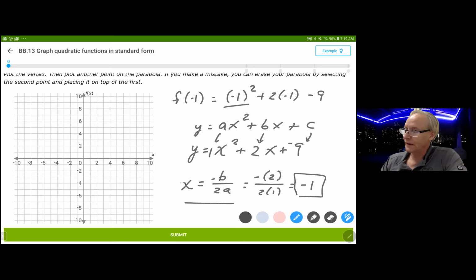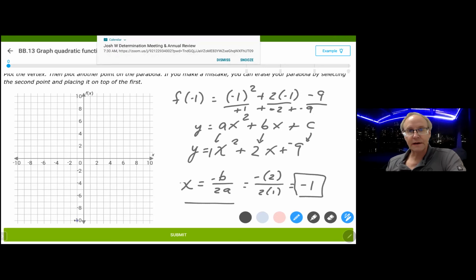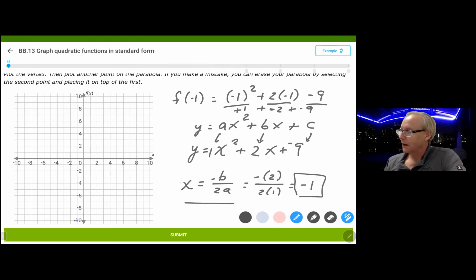This is positive 1 plus negative 2 plus negative 9, which happens to be negative 10. So negative 1, negative 10 is our vertex, and I put it on the graph if you didn't see it over there. Now I'm going to have to get another point, and the other points are really easy to find.